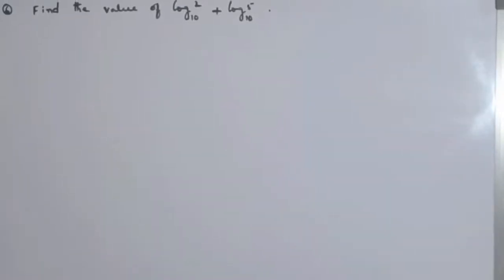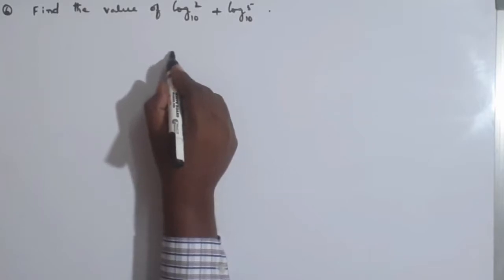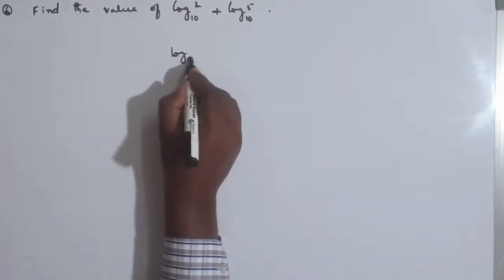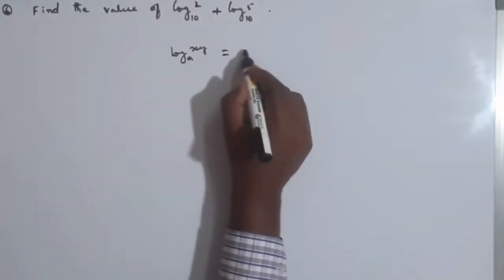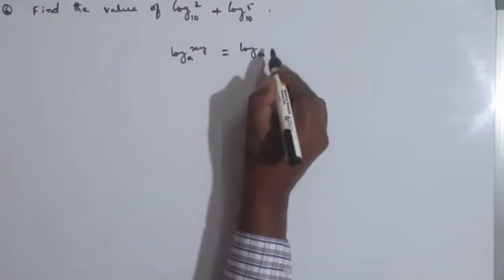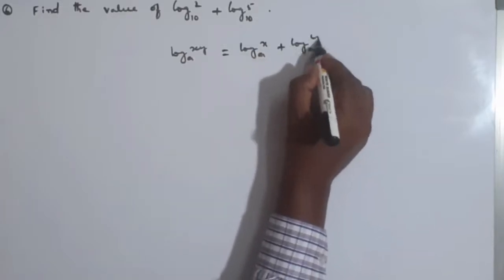Next question: find the value of log base 10 to 2 plus log base 10 to 5. Very simple question. You know the formula: log base a to x into y can be written as log base a to x plus log base a to y.